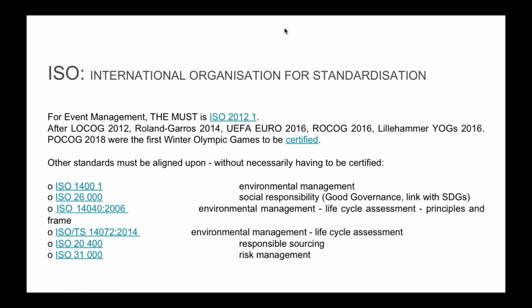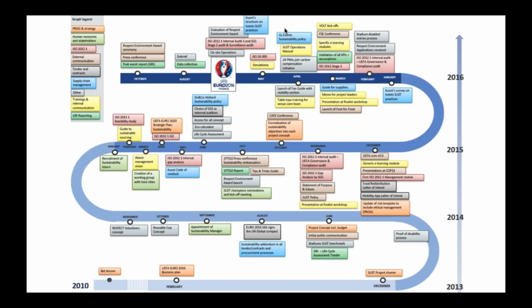And also, if from the very start of your organization, you align yourself on processes where risk management or responsible sourcing is also included, then this is of best practices, and this will also enhance your ISO 2012-1. So when you do start a sustainability strategy, as you know, there is not only ISO, but there's the waste management policy, there's supply chain management. There are a lot of various steps and actions needed to build your strategy.